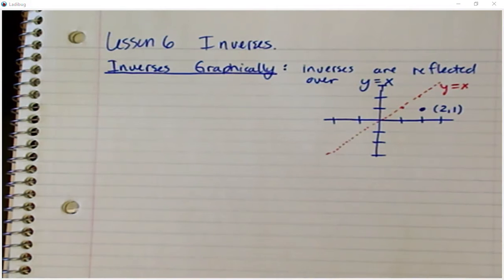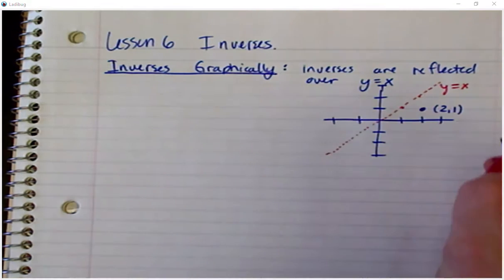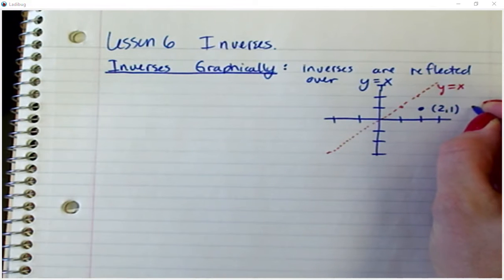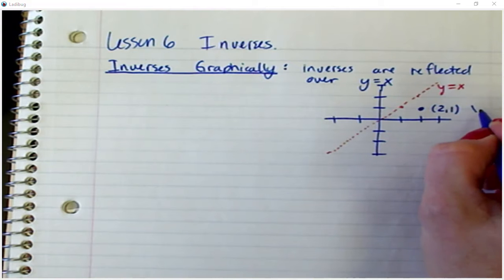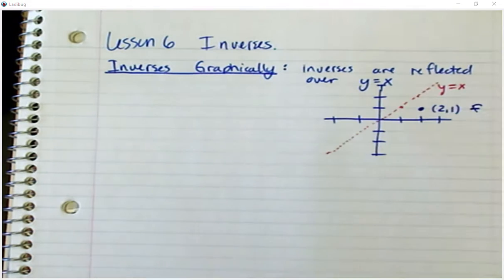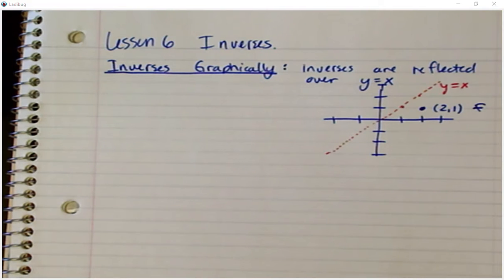That's the original point. Just call the point f. Give it a name. And I want f inverse. Graphically, not algebraic, right? There's no equation.